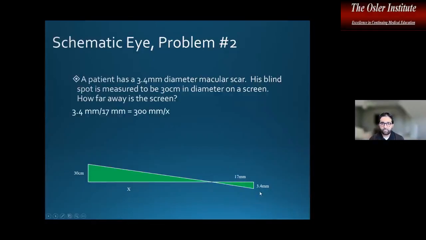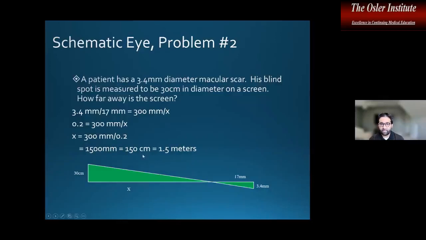So again, we basically can do height over the base equals the height over the base. So 3.4 divided by 17 should equal the same ratio as 30 centimeters divided by x. But note, I've converted this to millimeters so that everything is in millimeters. Okay, now we just solve for x, and x is going to be 300 divided by 0.2, and x is going to be 1,500 millimeters equals 150 centimeters equals 1.5 meters.